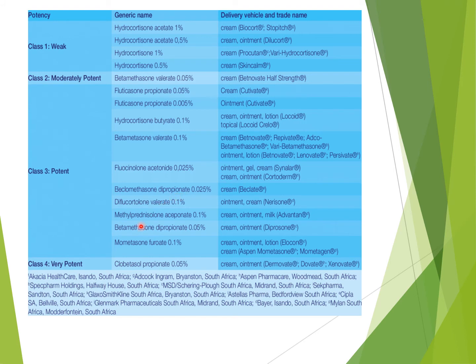So diflucortolone, methylprednisolone also can be used in cream, ointment, and with potent activity from glucocorticoids, which are used topically on the skin. And very important, it is a new drug, clobetasol propionate. Remember these drugs which are used topically on the skin.